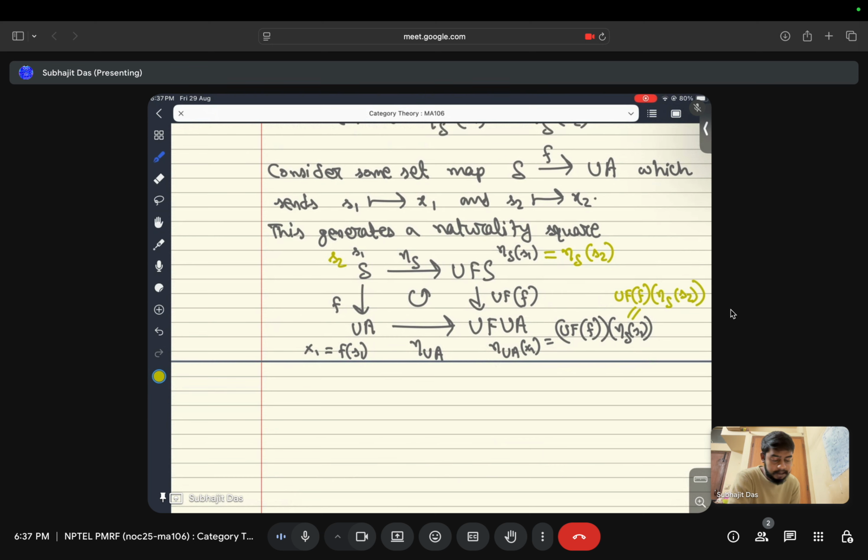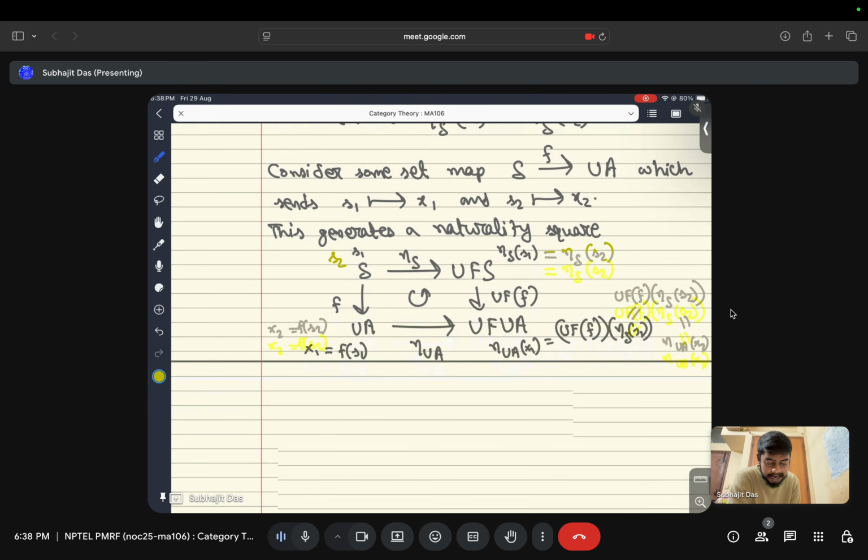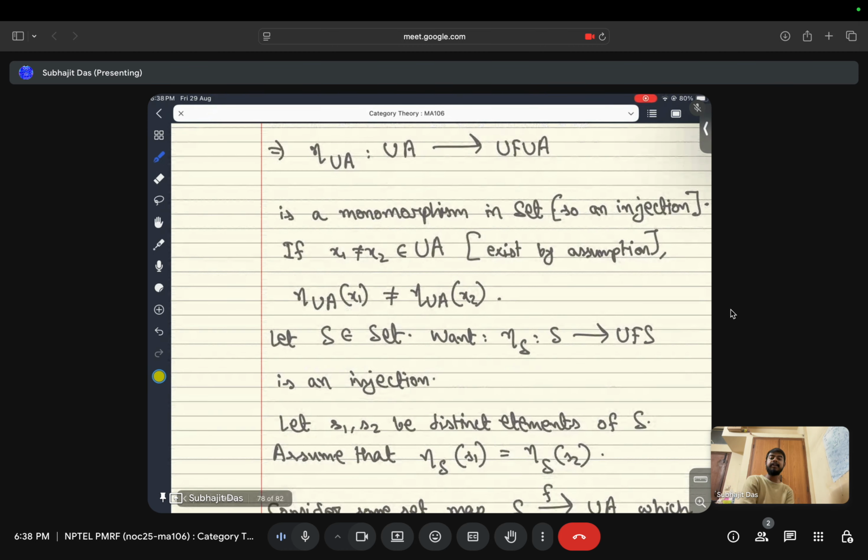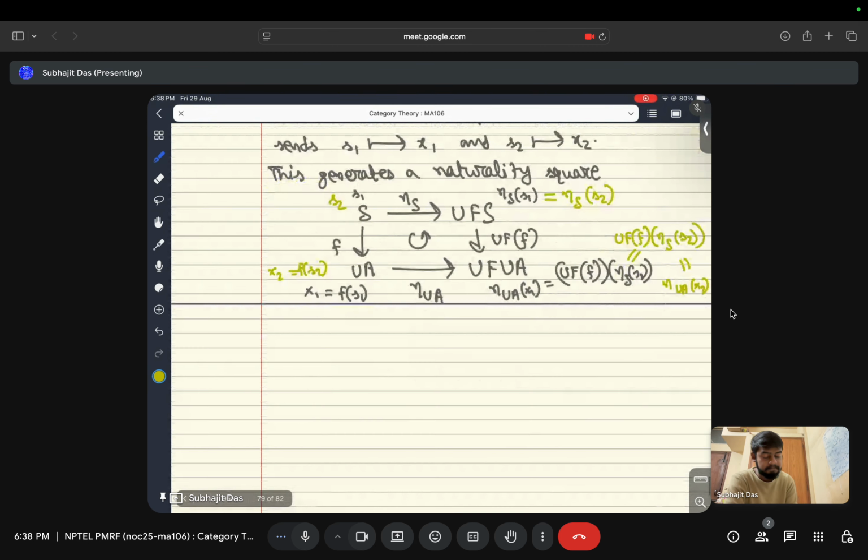S2 under F gets mapped to F of S2, which is exactly x2, and eta at UA takes this to eta at UA applied on x2, right? But eta at UA applied on x1 was different from eta at UA applied on x2, they were unequal. That is a contradiction.